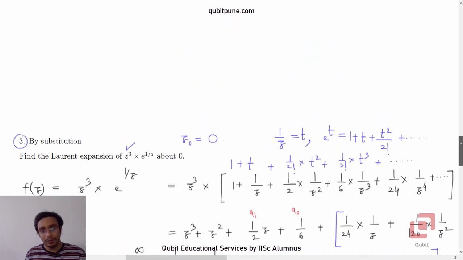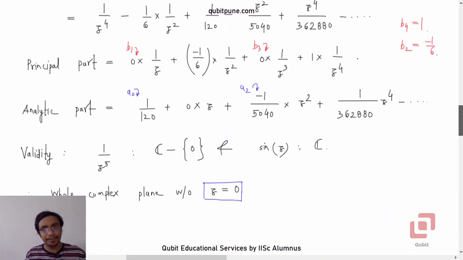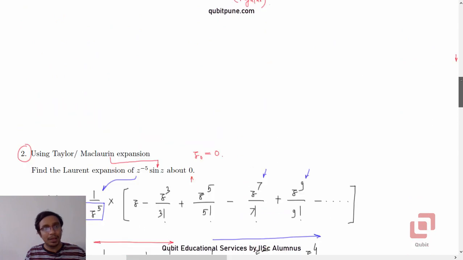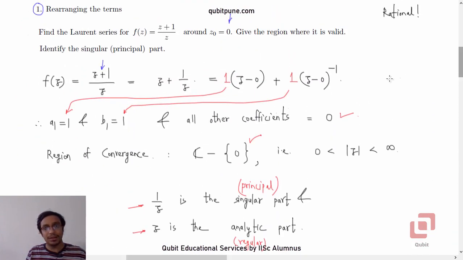Okay, what was the situation here? Here the analytic part consisted of infinitely many terms and the principal part consisted of only 2 terms. Okay, and in the first example both consisted of finitely many terms, in fact only 1 term each.